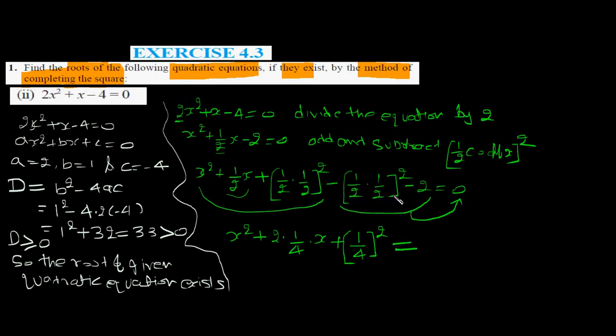I will move these two terms to the other side of the equation, so this minus 2 will become plus 2, and this will become 1 upon 4 square, right?